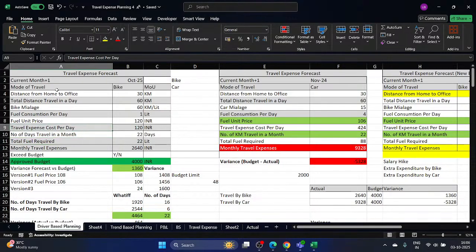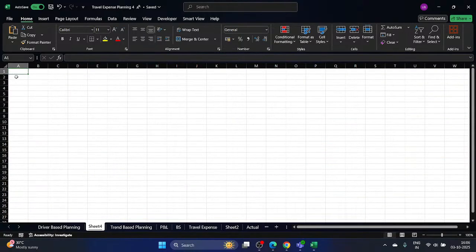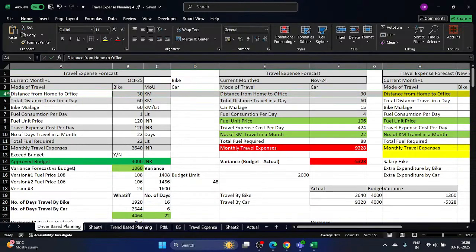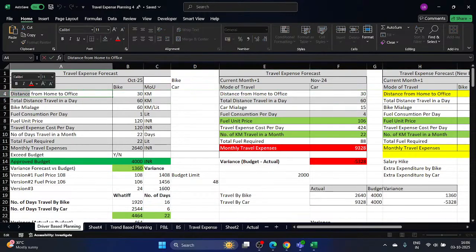Suppose here the mode of travel is a smart list, and the distance from home to office is 30 kilometers. So I could say here the distance from home to office.